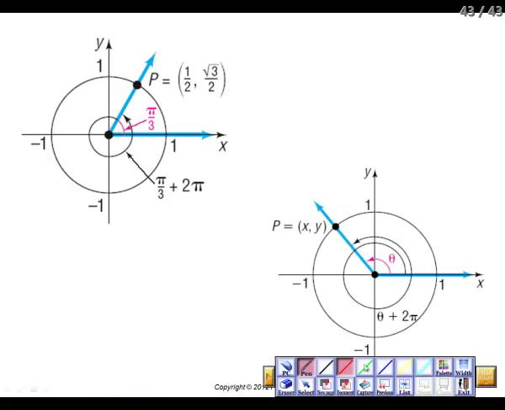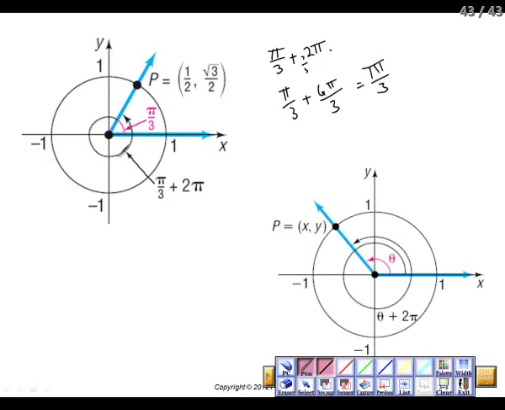So in this case, we have pi over 3 plus 2 pi, so if we need a common denominator, we multiply 2 pi by 3 over 3. So that'd be pi over 3 plus 6 pi over 3. So that'd be 7 pi over 3.